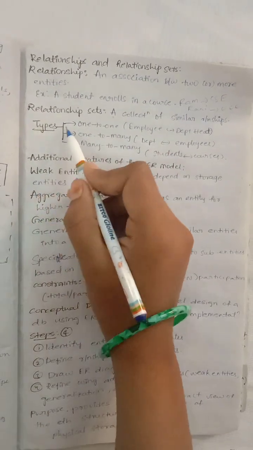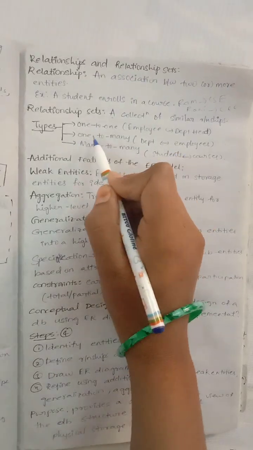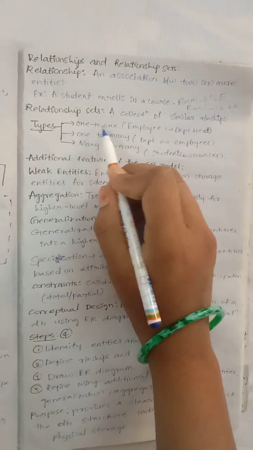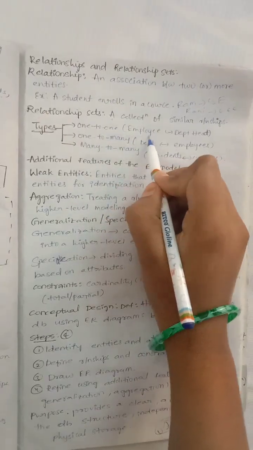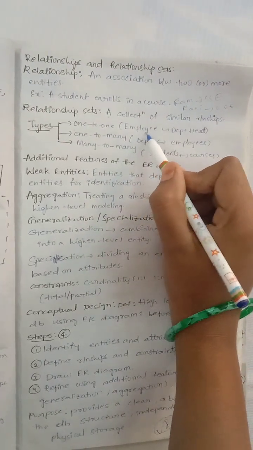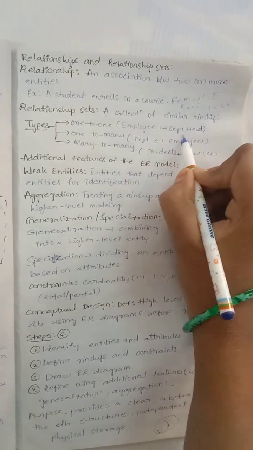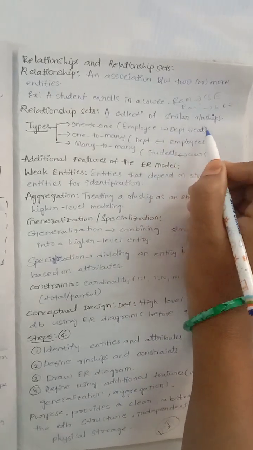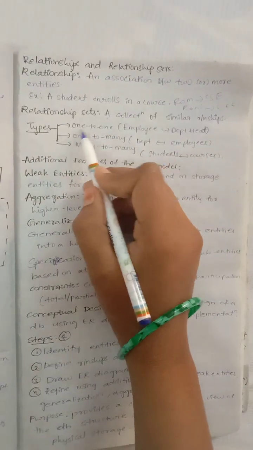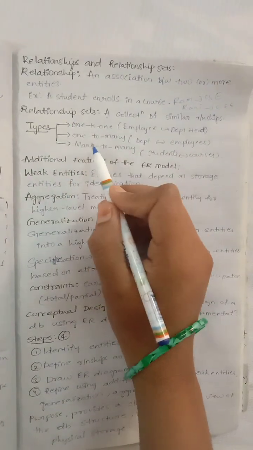Types: there are three types: one-to-one relationship, one-to-many relationship, many-to-many relationship. In one-to-one relationship, an employee works in a department as head or any other role. A single person to a single set is known as one-to-one relationship.